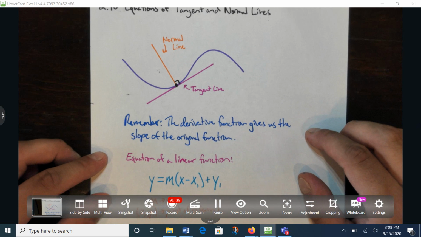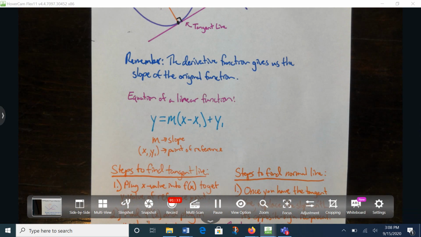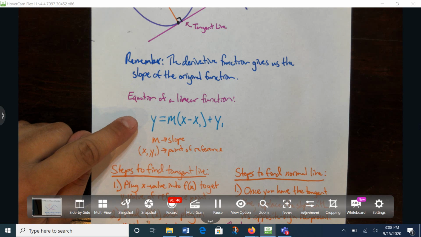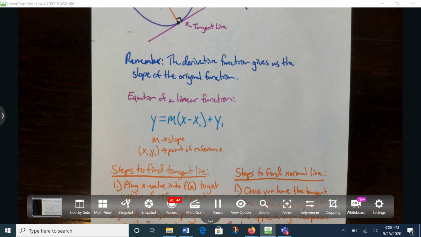So let's go over the equation of a linear function. This is a version of point slope form, but you might recognize point slope form as y minus y1 equals. In this case, I just added y1 to both sides to solve for y.